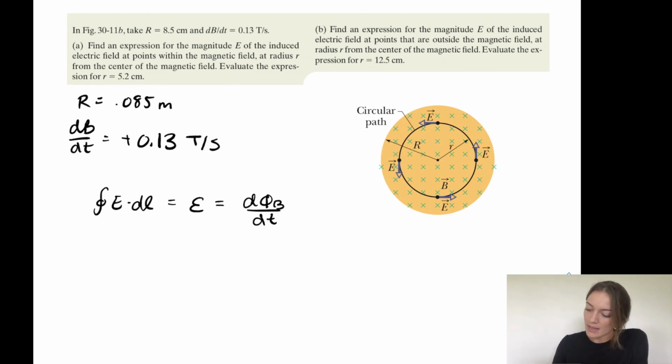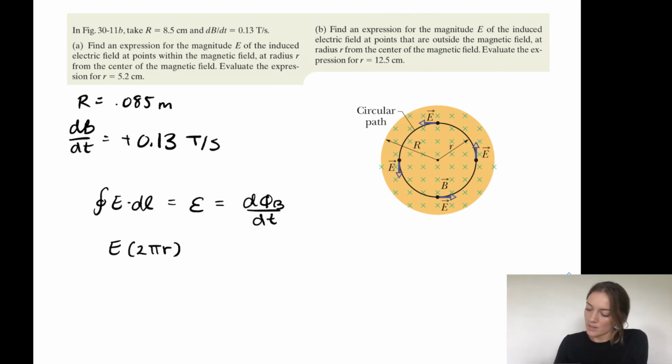Since this problem has a high degree of symmetry, I'm going to integrate around a circular path like this, sort of just like Ampere's law, except now I have my electric field. So my electric field over that path is just going to be E times 2 pi r, the electric field times the circumference of that path.